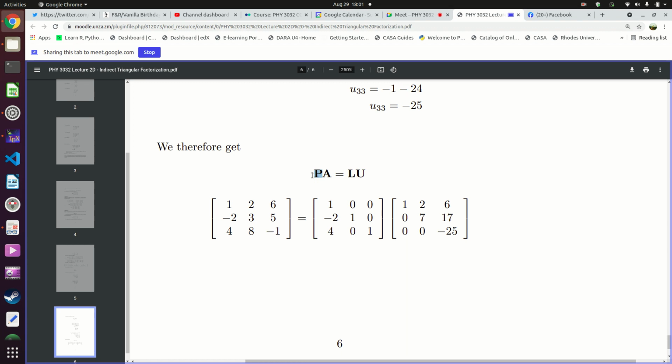So that is what you do. This is an additional step you do when you are trying to factorize your matrix A, but it's not possible for you to break it into L and U directly. So you look for a matrix P, which is a permutation of the identity matrix.